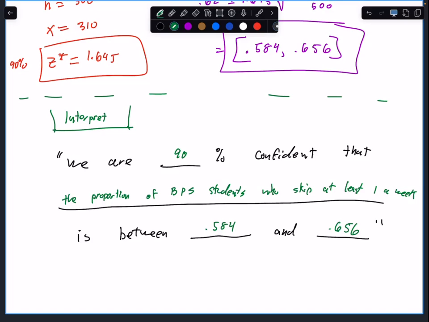Why are we using the Z-star value? Why 1.96 and why now it's 1.645? Well, because how confident are we? Well, what does that confidence mean? Well, that's about how many intervals we create, how many point estimates will create a confidence interval that captures the true parameter, and so forth. And then finally, so that we can interpret it right in here.